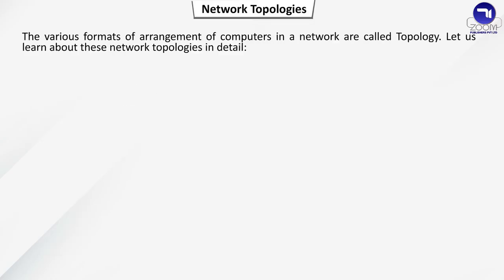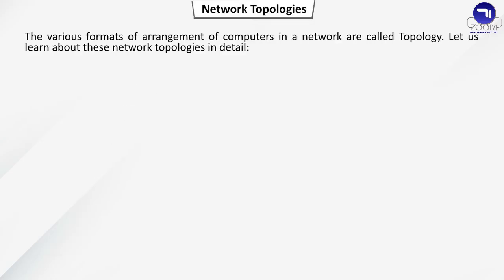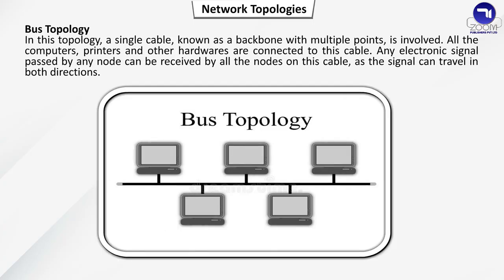Network topologies: the various formats of arrangement of computers in a network are called topology. Let us learn about these network topologies in detail. Bus topology. In this topology, a single cable known as a backbone with multiple points is involved. All the computers, printers, and other hardware are connected to this cable.